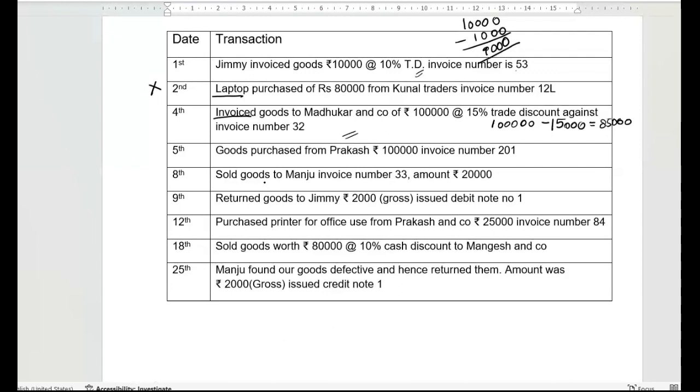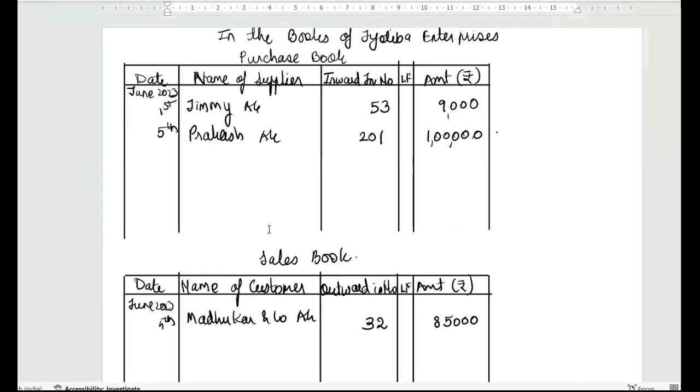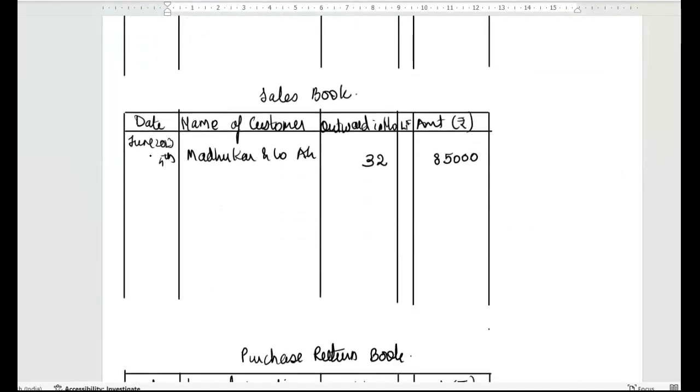Next one is on 8th. 8th we are saying sold goods to Manju. Invoice number is 33 and amount is 20,000. So this is clearly a sales entry and we have to show it in the subsidiary book of sales. So 8th I'm going to write in the sales book. 8th. The name is Manju.